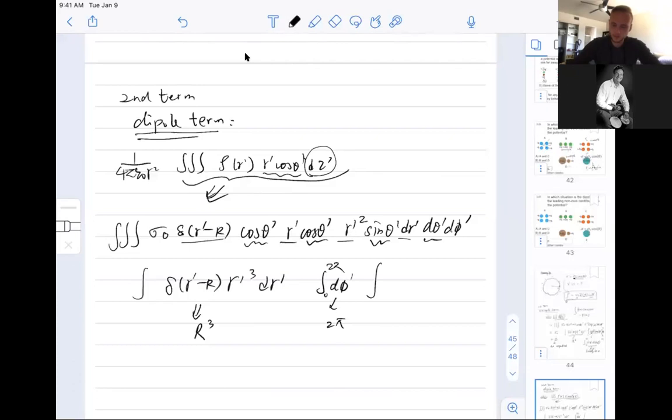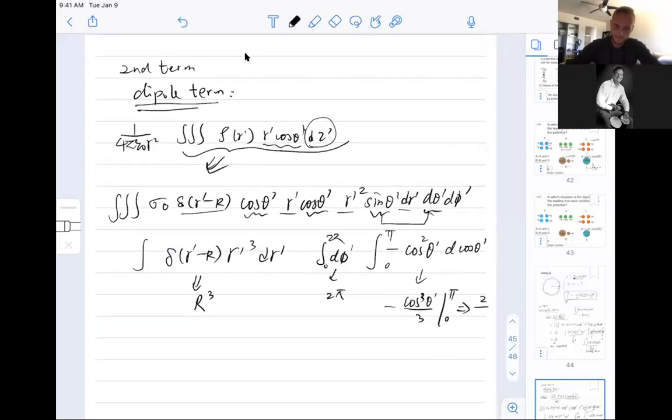It seems like I have a cosine squared, and I can write this in terms of the negative d cosine theta from 0 to pi. Okay, and that becomes negative cosine theta prime cubed divided by 3, evaluated from 0 to pi, and that gives me 2/3.